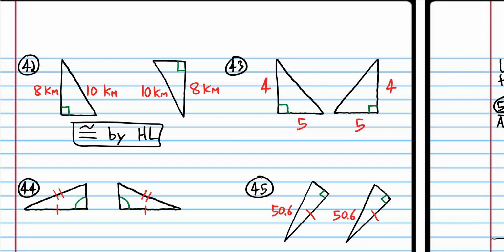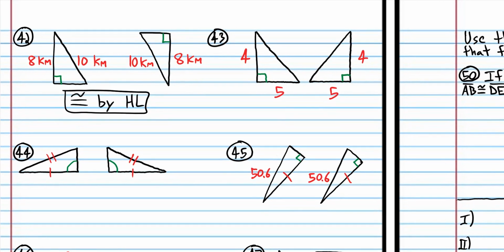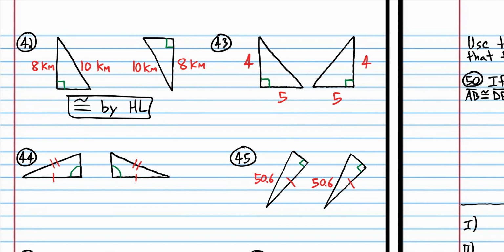We have 5 on both triangles for legs, and we have 4 for the other legs. So we can't use the HL congruence theorem, but we can say that the triangles are congruent by SAS, side angle side. We just can't use the hypotenuse-leg theorem because we don't have the hypotenuses.